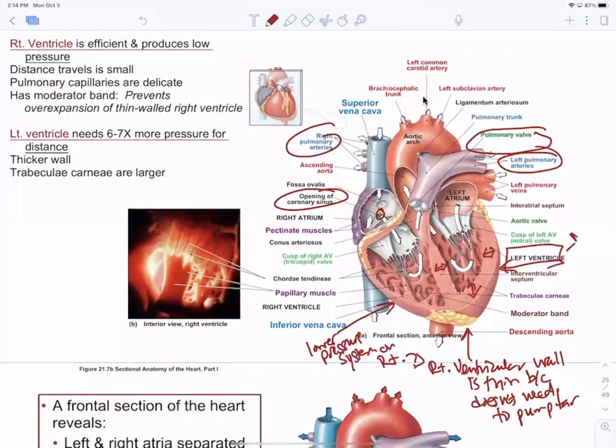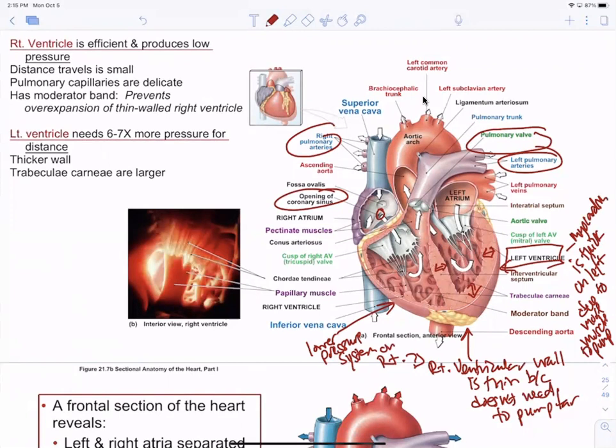And so the myocardium is thick on the left due to more muscle to pump. It needs more muscle to pump, right? You got to pump that blood to all the different areas of the body and back.